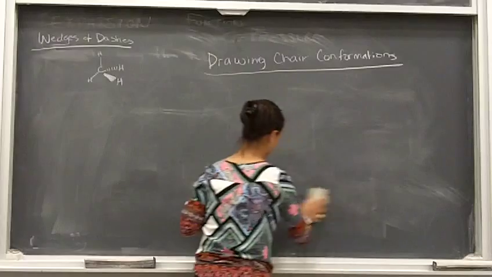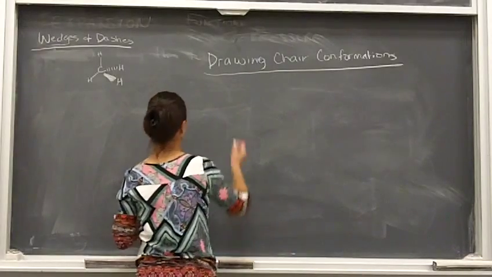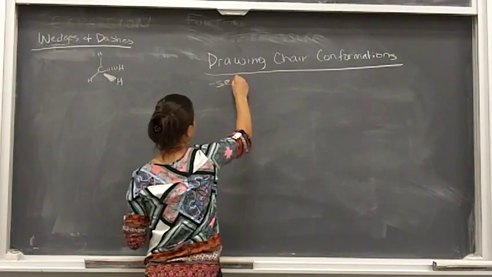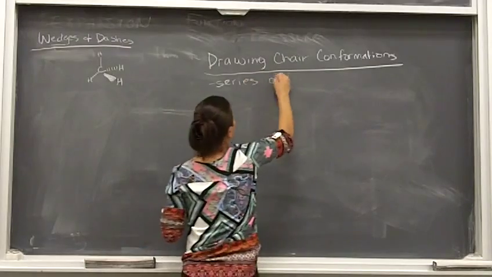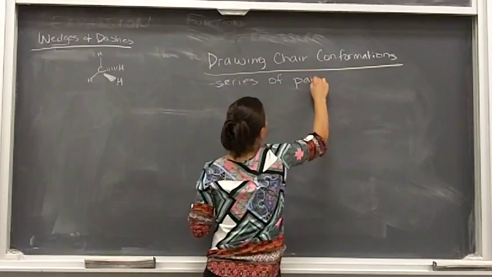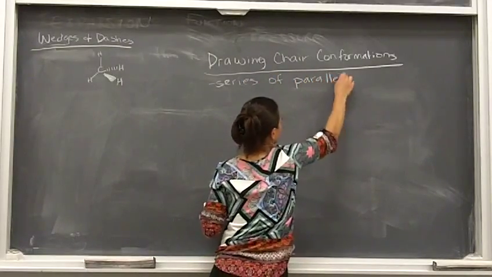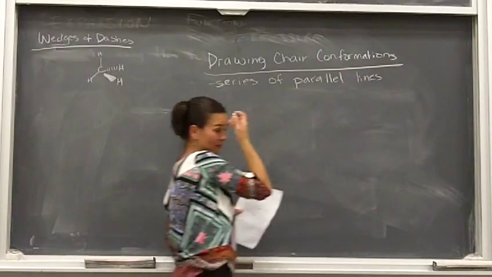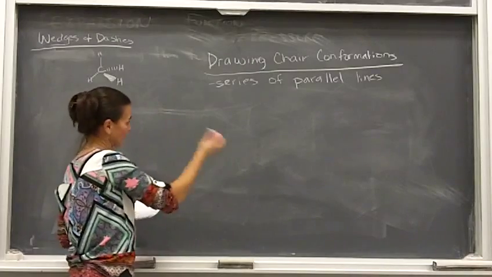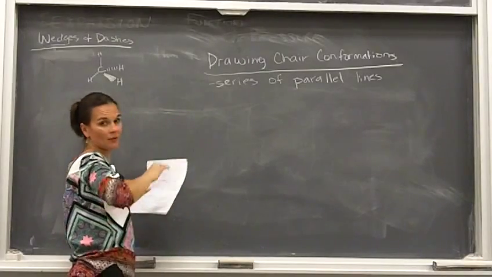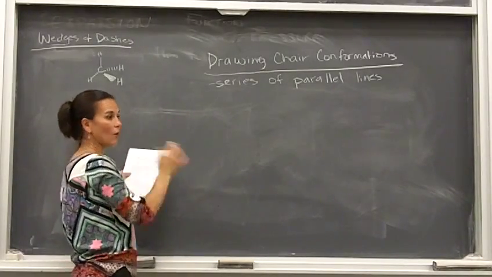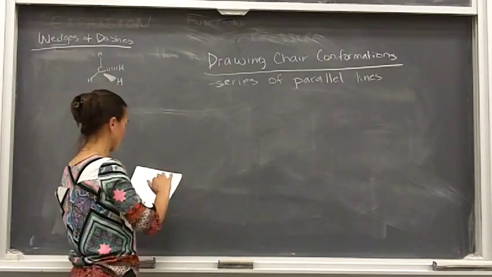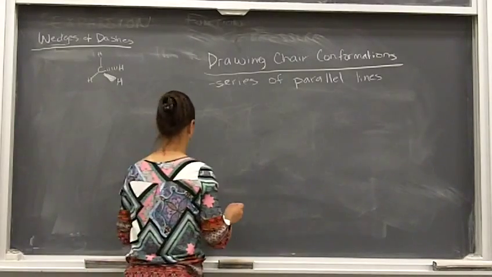So, chair conformations. There are a series of parallel lines, and they take some practice. So practice. You use the guidelines that they're given in the textbook, and then practice going back and forth. And so you want to be able to draw chair conformations one direction and the other. You want to be able to show the chair flipping in between, okay?